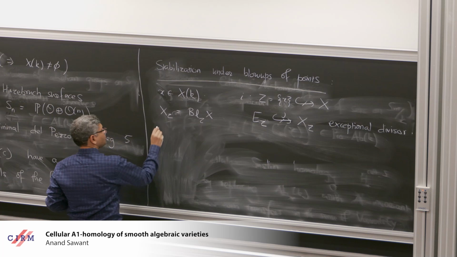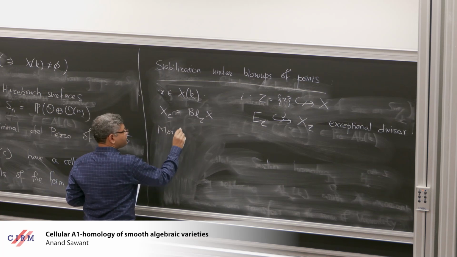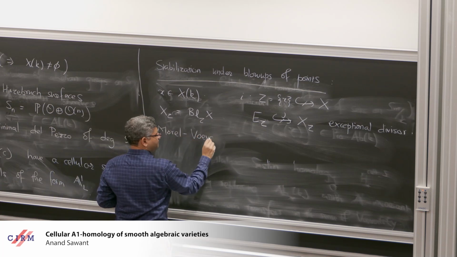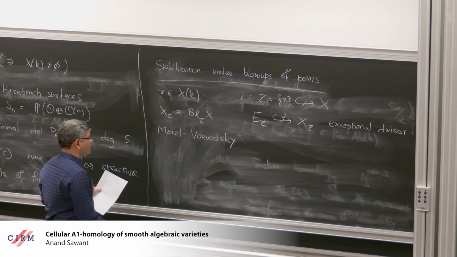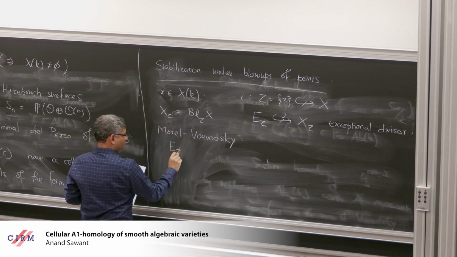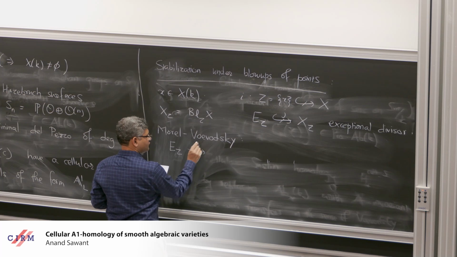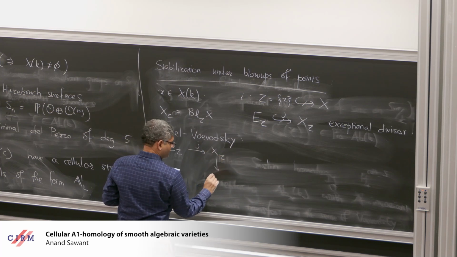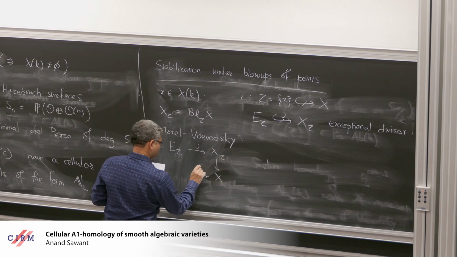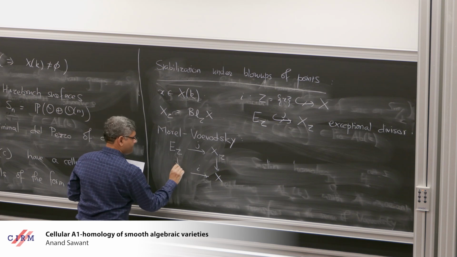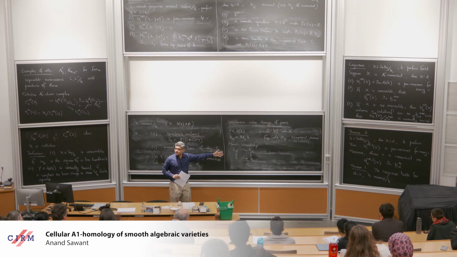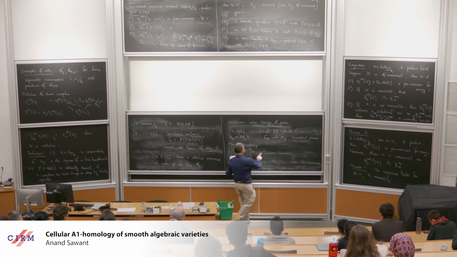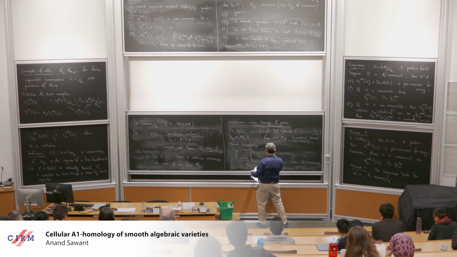Okay, so now Morel and Voevodsky in their proof of the purity theorem say that these two squares, the blow-up square, and if you write the cofibers, you get the Thom spaces for the two closed immersions. But let me write it separately because I want to write the bigger square as well.